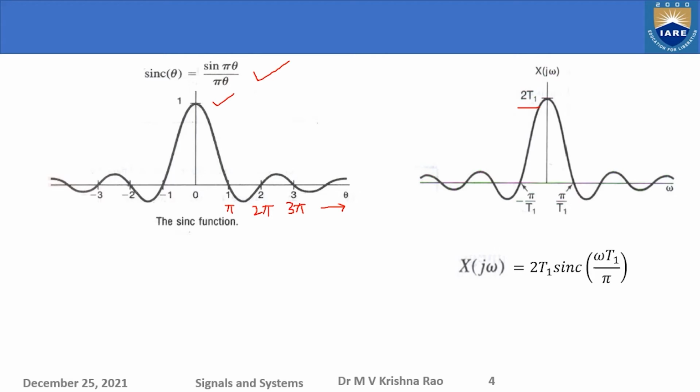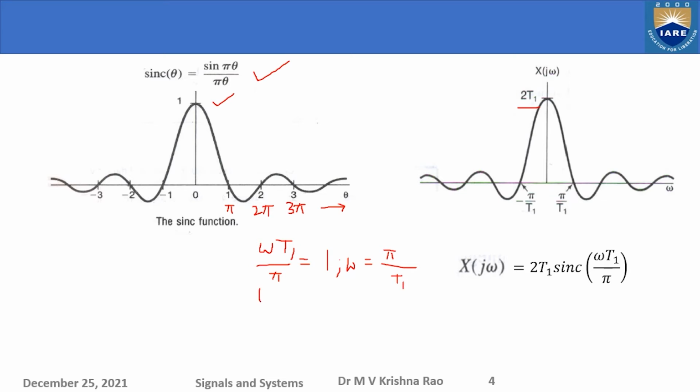Let us take this omega t1, the argument of the sinc function, omega t1 by pi. Let us make this equal to 1. Then what is omega? Omega equals pi by t1.